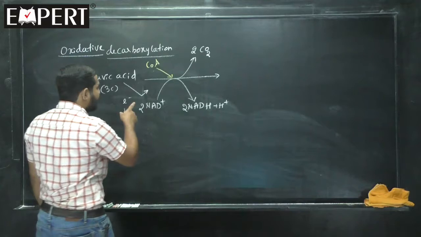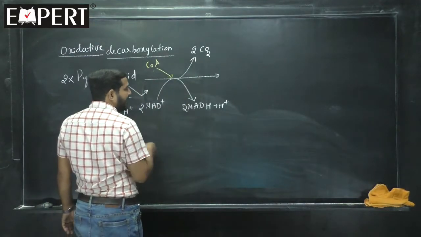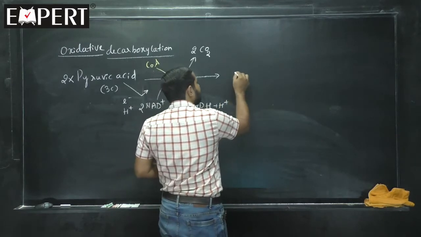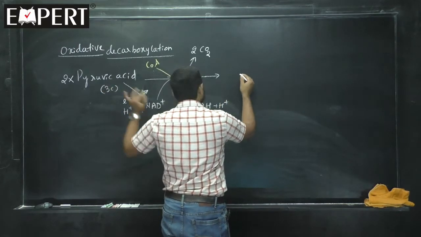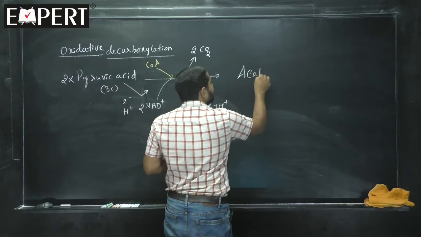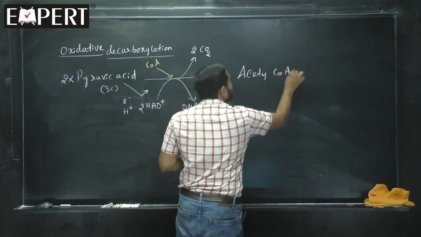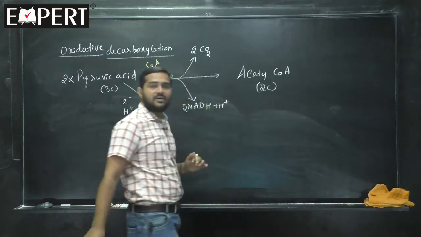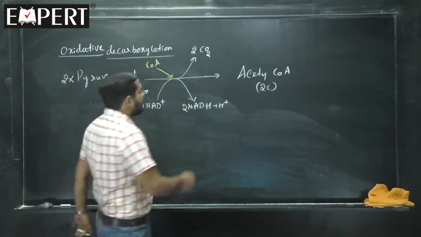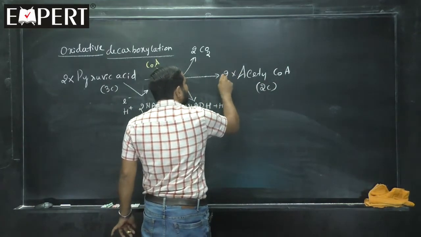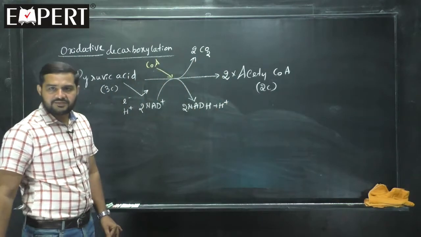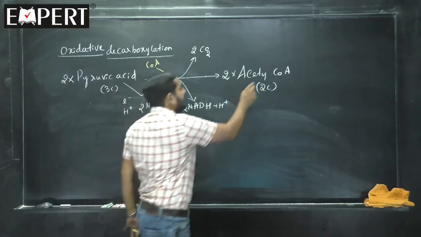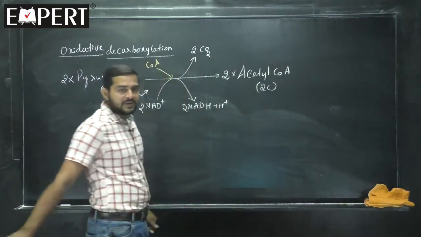This entire reaction leads to the formation of a chemical having 2 carbons, called acetyl CoA. Acetyl CoA having how many carbons? 2 carbons. And how many molecules? 2 molecules of acetyl CoA have been formed. Clear students? Okay.